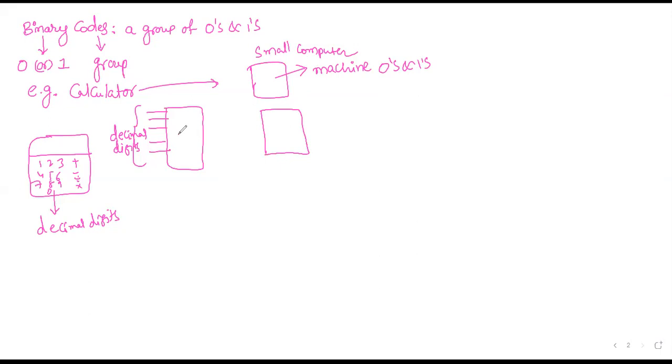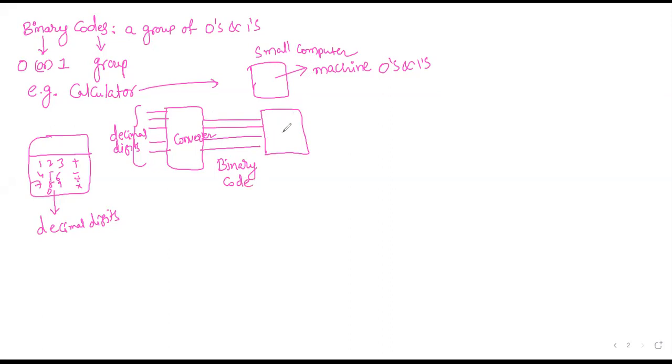So we need one converter. This converter will convert the decimal digit input into a binary code. Binary code means a group of zeros and ones.